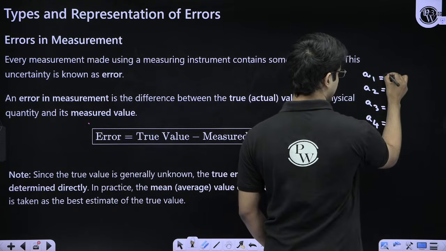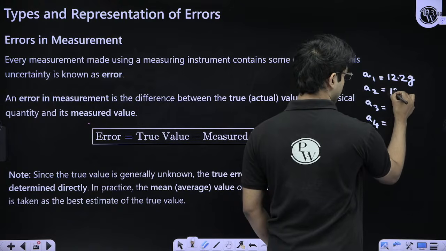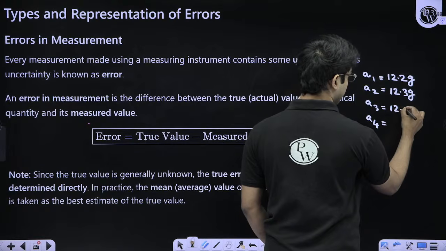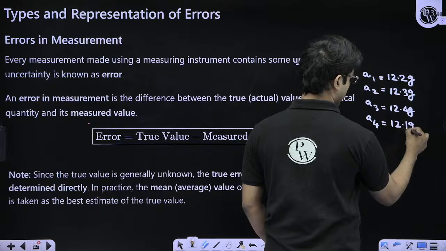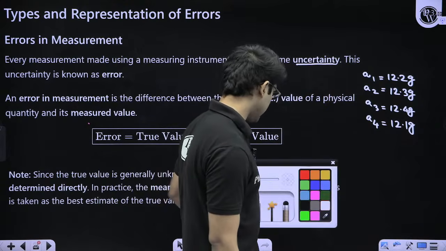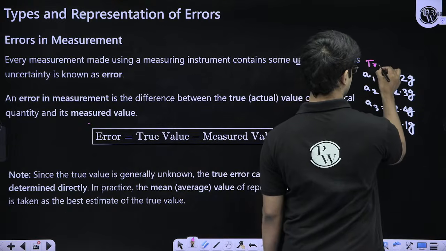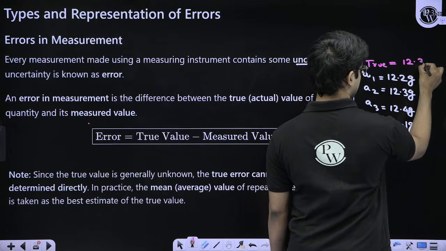In the first reading, you got the answer as 12.2 grams. The next one, you got it as 12.3 grams, 12.4 in another one, and 12.1 grams. So let's say the true value, the actual weight of the object, was 12.3 grams.